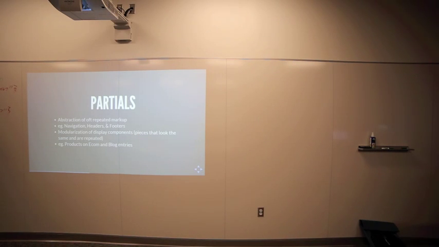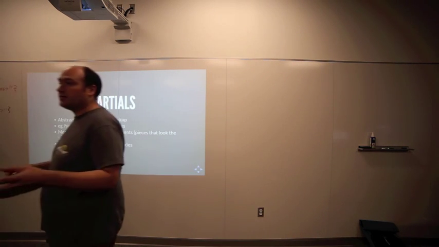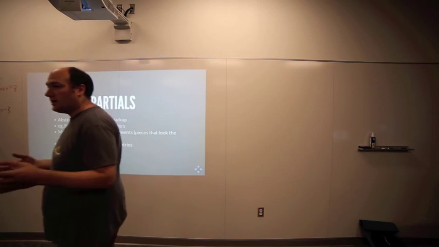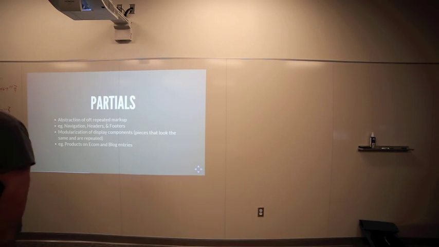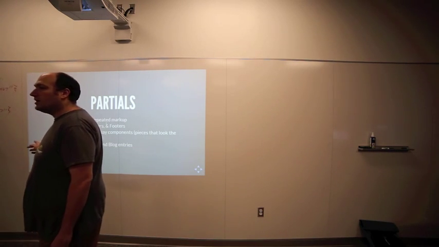But maybe you don't want to make the layout this huge monstrous file that has all your navigation, headers, and footers in there. Maybe you'd like to just work on the 10 lines that is your footer, for example, and keep that separate. Put it in a partial. You include that with your layout later. If you ever need to move that code around, it's just moving that include. If you ever make a special page that deviates from your layout, you still can use it, right? Because it's now not copy and paste.